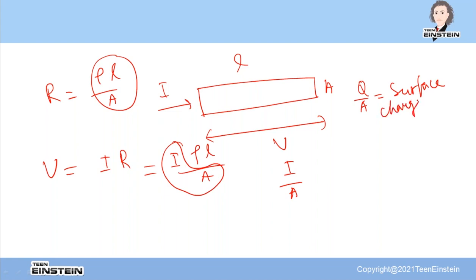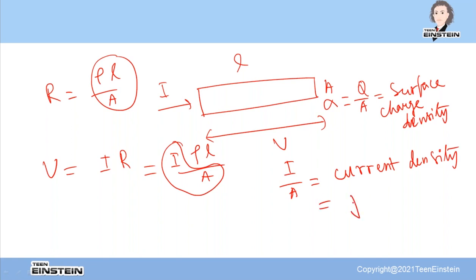Similarly, in the case of current, current per unit area is called surface current density or current density. How do we write that? Current density we write as small j, or sometimes people write capital J. We denote it by J.